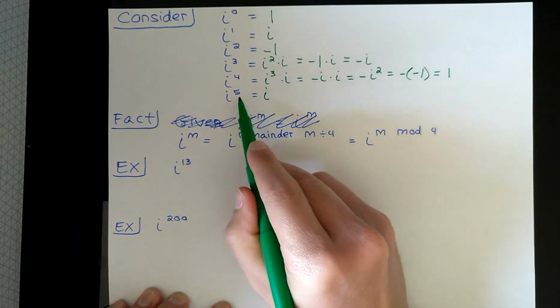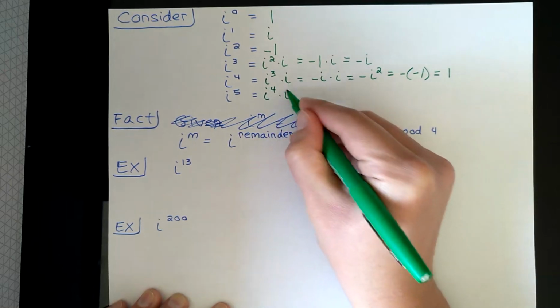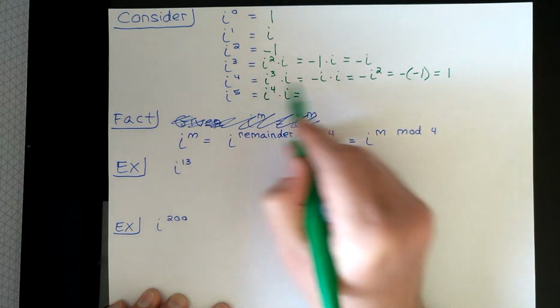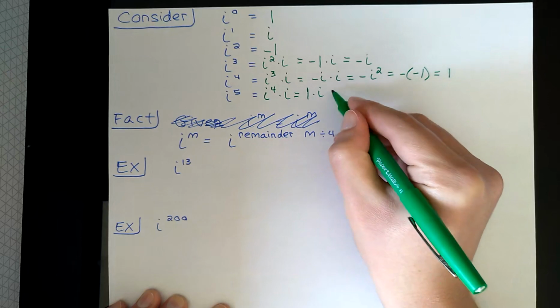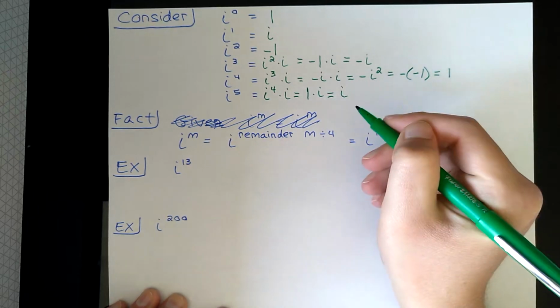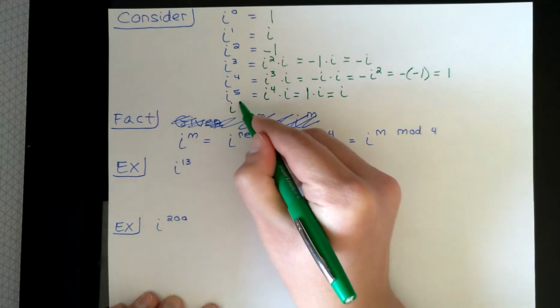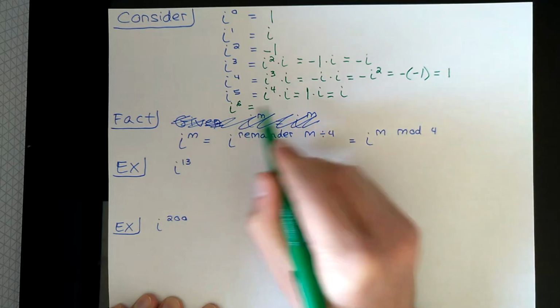We could prove that very quickly. i to the fifth is really i to the fourth times i. We said i to the fourth is 1, so we get 1 times i, which is just i.